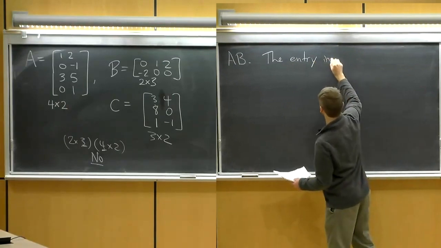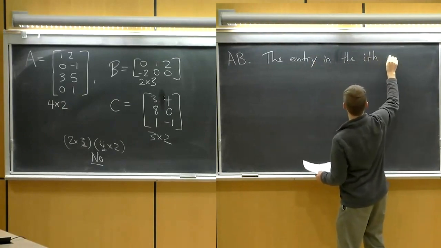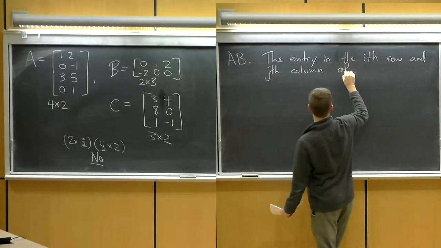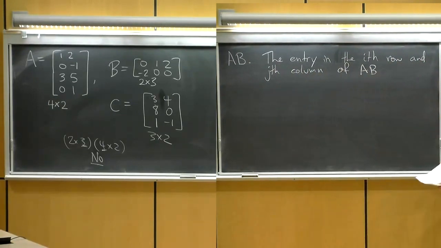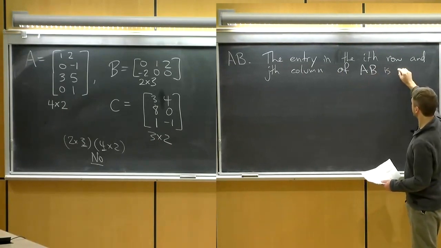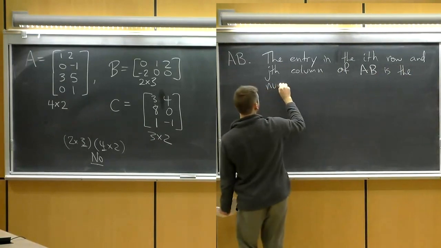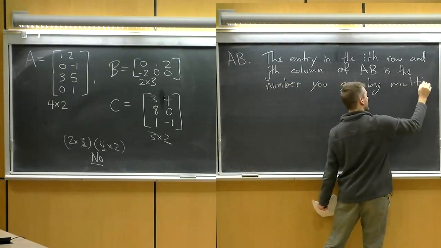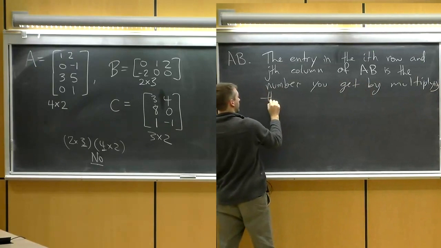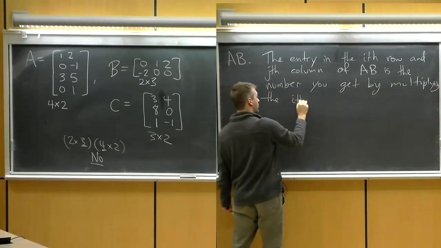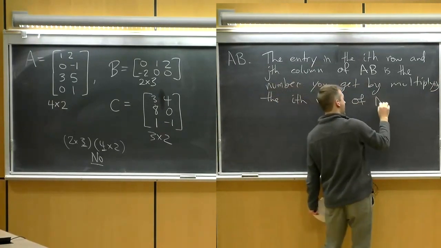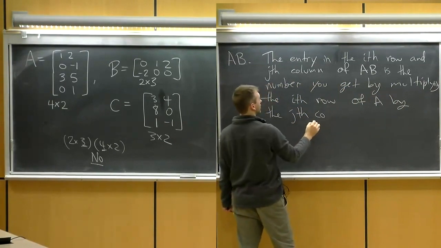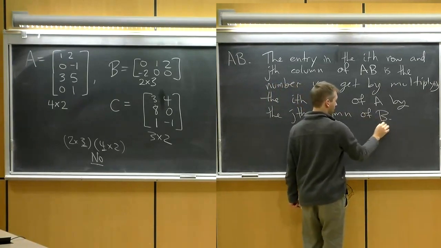The entry in the ith row and jth column of A times B is basically the number you get by multiplying the ith row of A by the jth column of B.